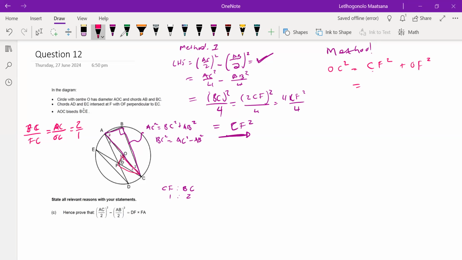So first let's write it with regards to CF. We'll have CF² is equal to OC² minus OF².